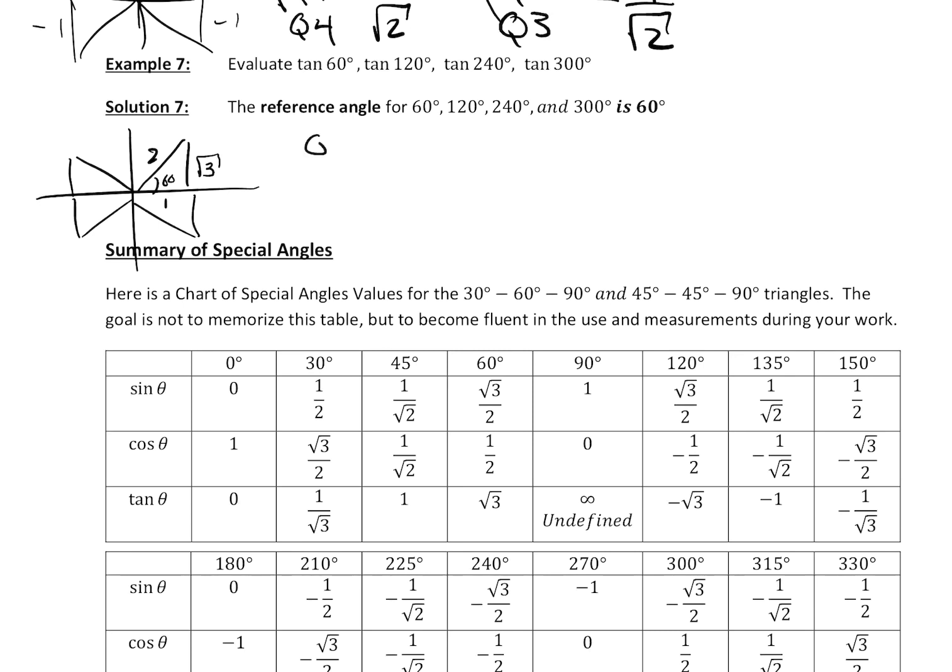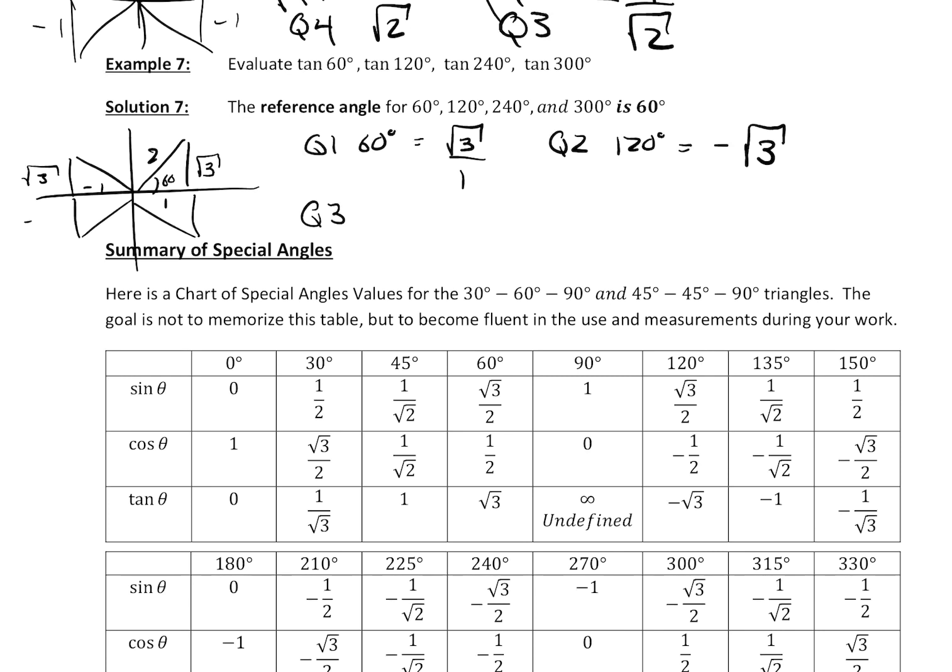So when you're in Q1, 60 degrees, it's tan, so y over x, so root 3 over 1. When you're in Q2, you're at 120 degrees, and the y value is still positive, but the x value is negative, so it's negative root 3. When you're in Q3, and this is that all students take calculus, like where is each thing positive, right?